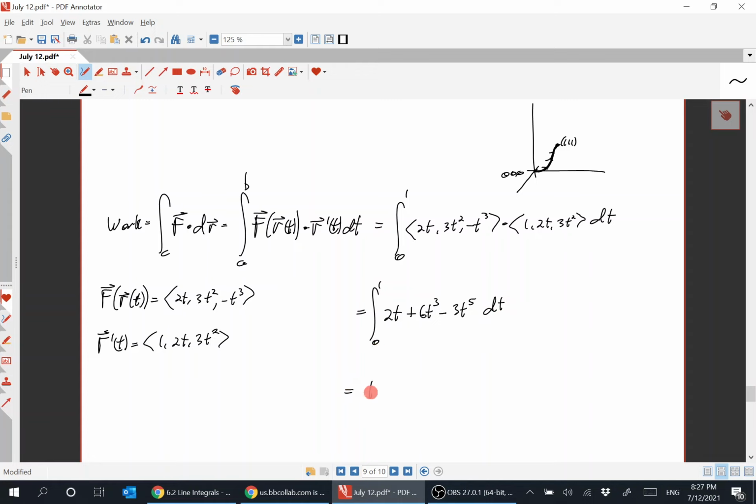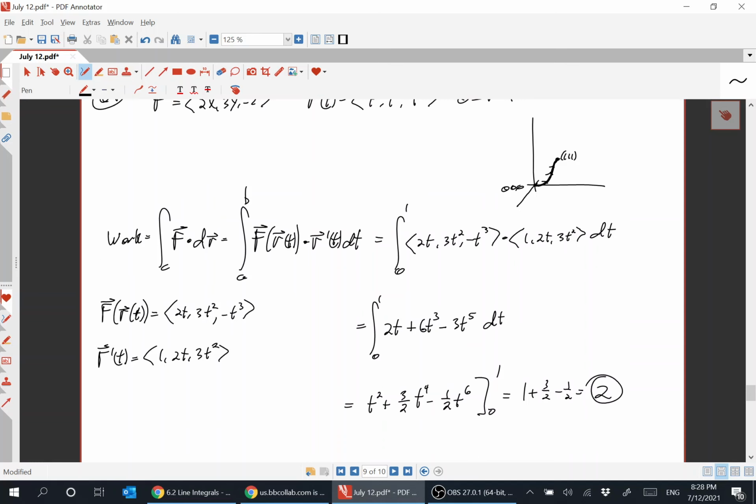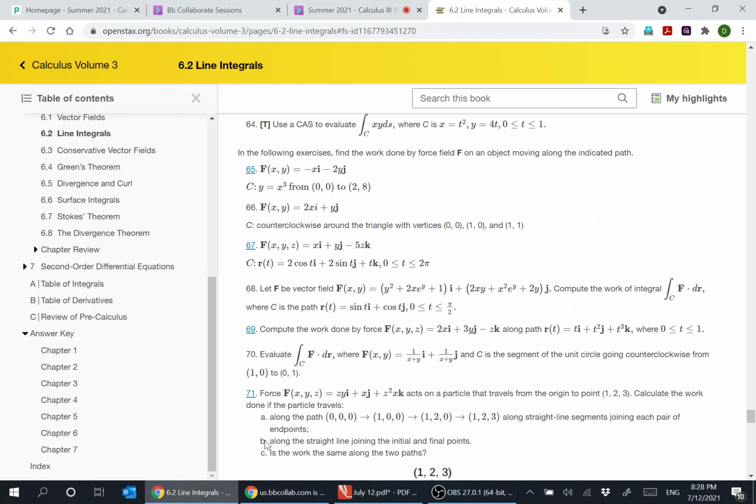Antiderivative is t squared plus 6/4, which is 3/2 t to the fourth, minus 1/2 t to the sixth, from 0 to 1. So we've got 1 plus 3/2 minus 1/2, so 2. So 69, answer is 2.